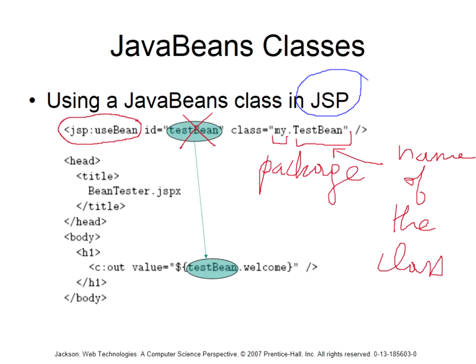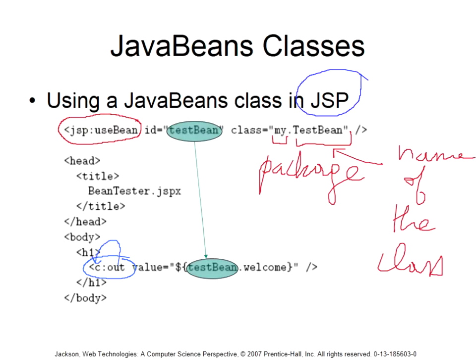Now we will see together in JSP how we can display this value. We will use this ID, testBean, our instance. Here we will use c:out. What is out?